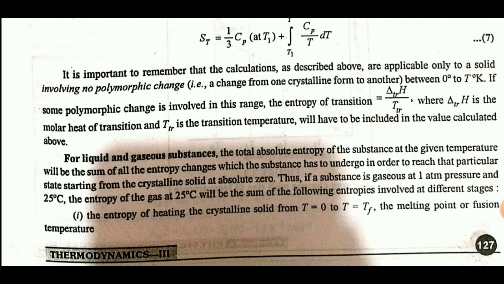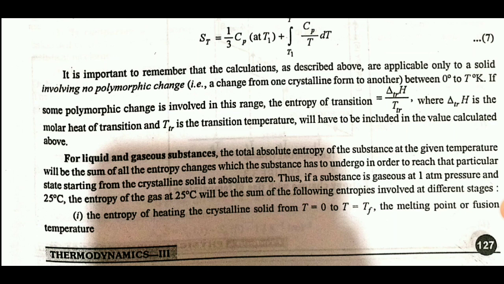For liquids and gaseous substances, the total absolute entropy of the substance at the given temperature will be the sum of all entropy changes which the substance has to undergo in order to reach the particular state starting from the crystalline solid at absolute zero.